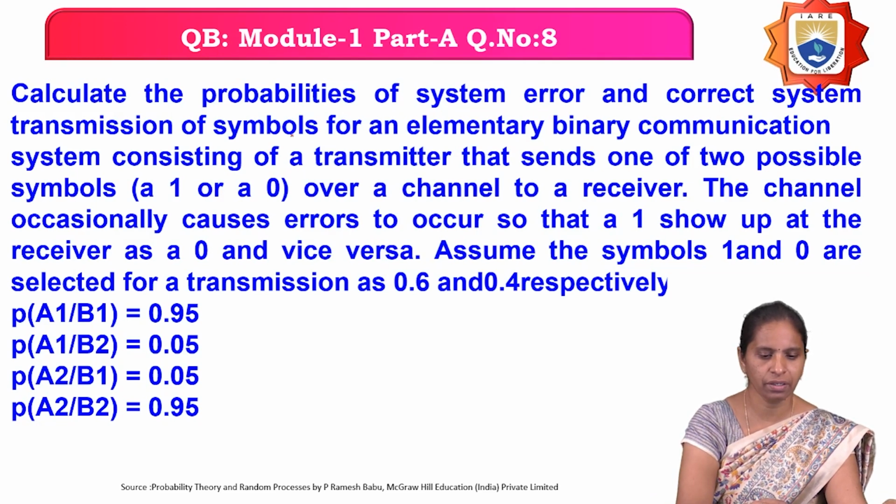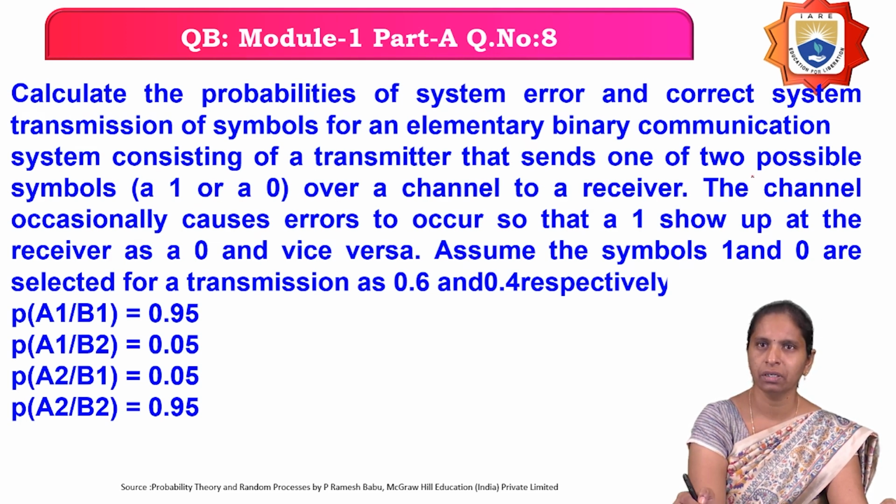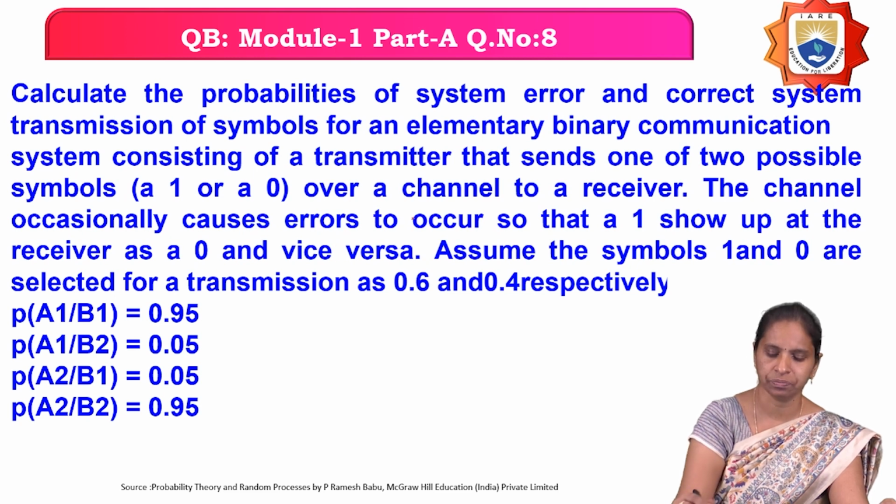Next question is: calculate the probabilities of system error and correct system transmission of symbols for an elementary binary communication system consisting of a transmitter that sends one of two possible symbols, either 1 or 0, over a channel to a receiver. The channel occasionally causes errors to occur so that a 1 shows up at the receiver as 0 and vice versa.